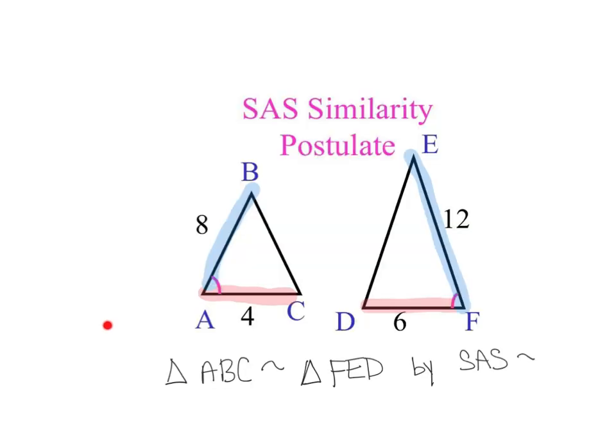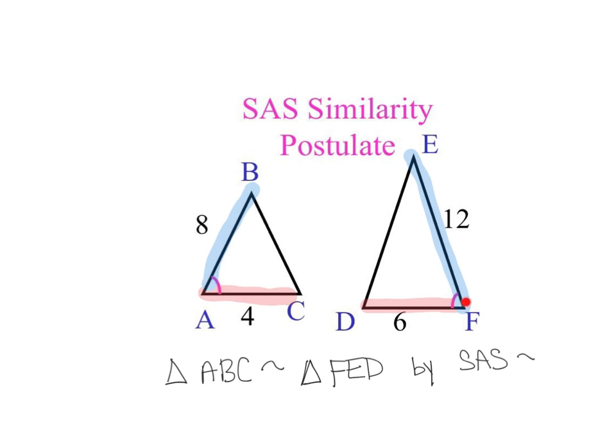Our next similarity postulate looks at us having two sides that are in proportion. So if we look here, 4 to 6, if we reduce that, that's going to give us 2/3. And then we have 8 to 12, and if we reduce that, that will give us 2/3.